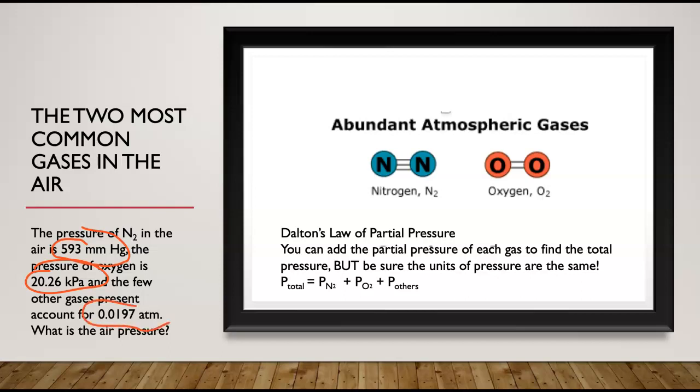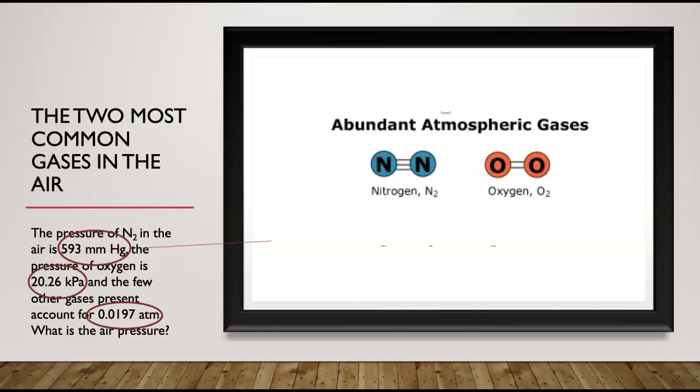And the other gases, of course, in the atmosphere. And so all to the same units. And that can be a tricky thing. And so I decided to convert my millimeters of mercury to atmospheres, obviously. And I've got 0.7803 atmospheres from the nitrogen gas.